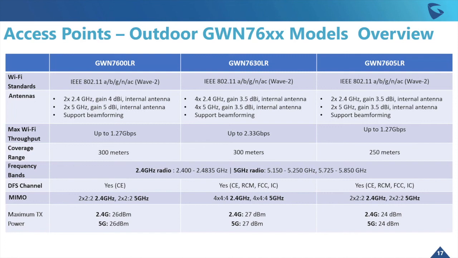They all support DFS. They all use multi-user MIMO technology, and for the transmission power, they use different power levels. The GWN7600LR uses a transmission power of 26 dBm, the GWN7630LR uses 27 dBm, and the GWN7605LR uses 24 dBm.